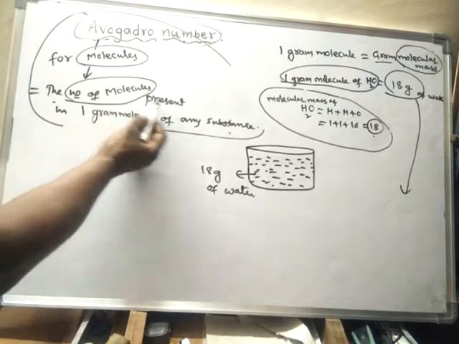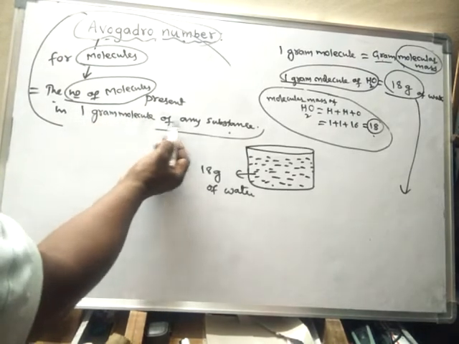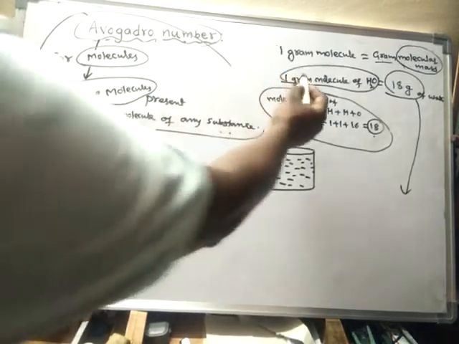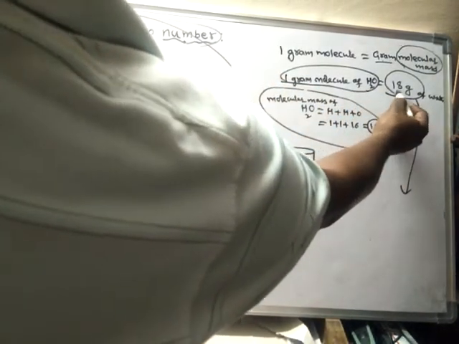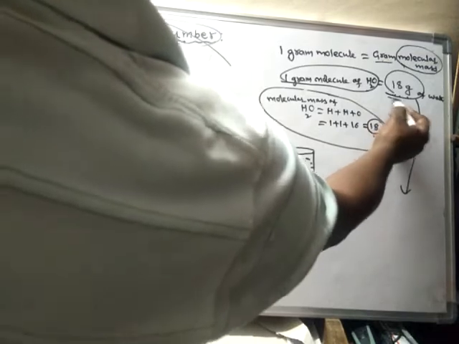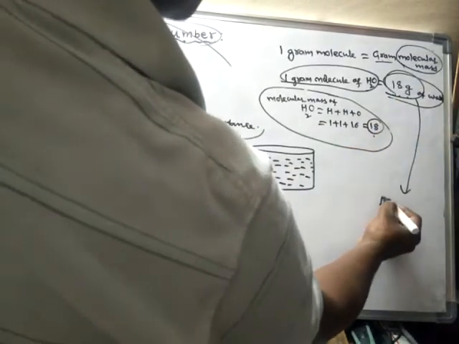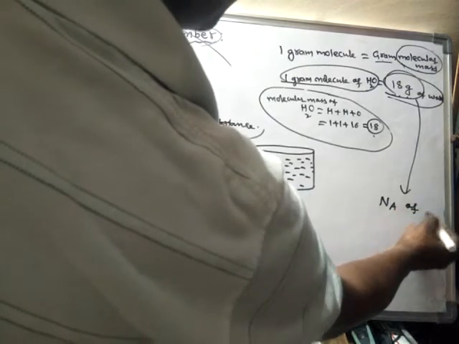The number of molecules found in 1 gram molecule of any substance will be equal to Avogadro number. So 1 gram molecule of water is equal to 18 grams. That means in 18 grams of water, you will find Avogadro number of water molecules.